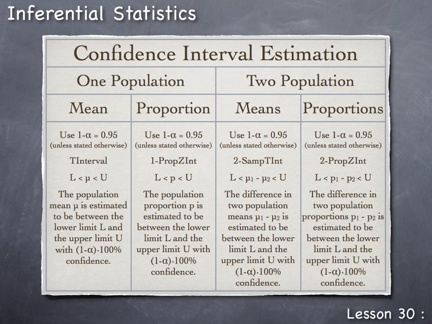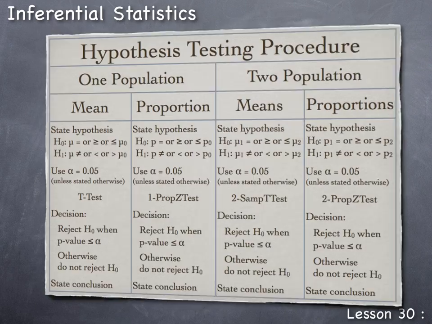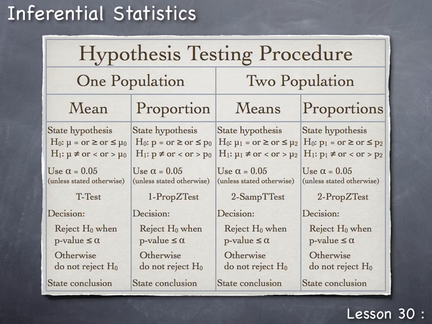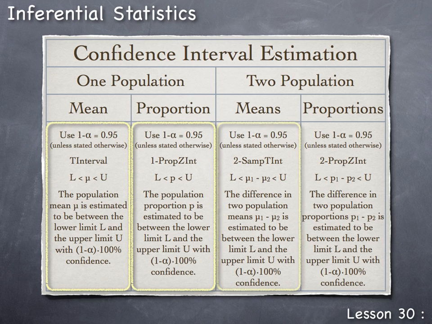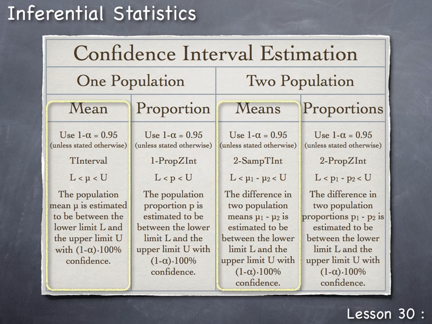To summarize, there are two basic types of inferential statistics methods: confidence interval estimation and hypothesis testing procedures. In upcoming lessons, we'll be learning how to construct 4 different types of confidence interval estimates, 2 of which involve the population mean mu, which is an average based off of measurement data.